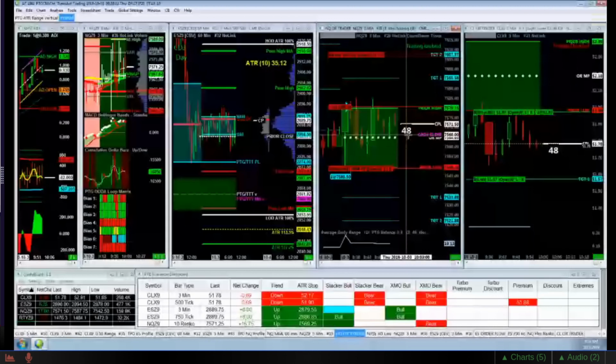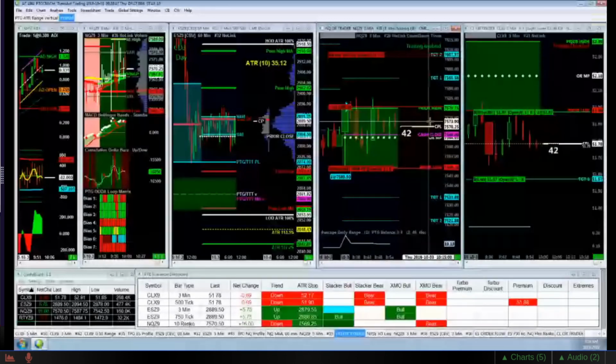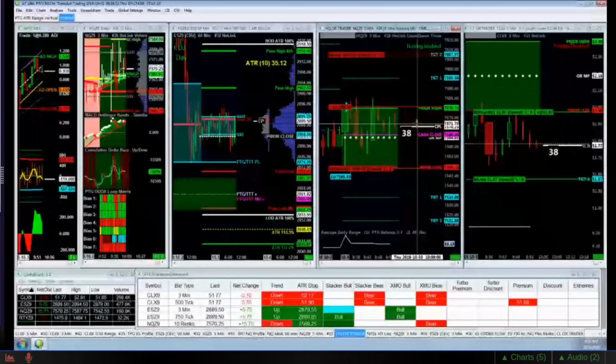You can't be waffling on every up and down tick. Otherwise, you're not ever going to make it as a successful trader if you're waffling and worrying on every up and down tick.